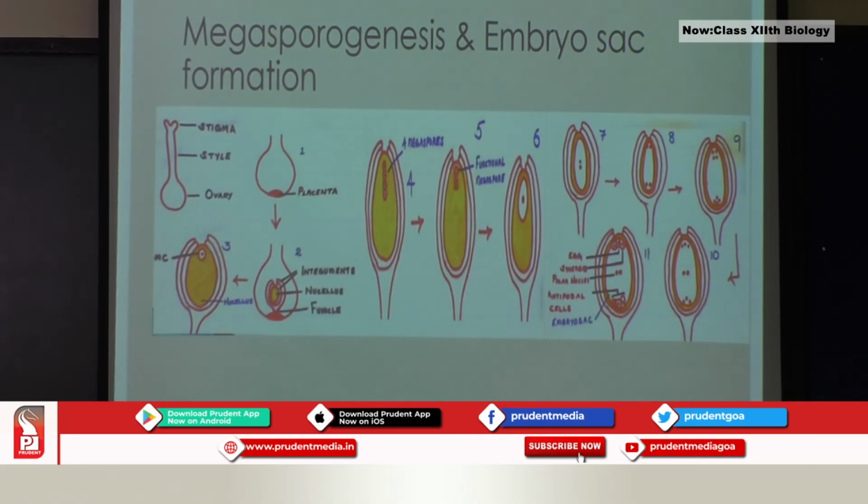Through the division which is called mitosis. So, mitotic divisions first with the help of karyokinesis, followed by cytokinesis, led to the formation of the typical embryo sac or the female gametophyte having antipodal cells, the egg apparatus, and the central cell with the 2 polar nuclei.